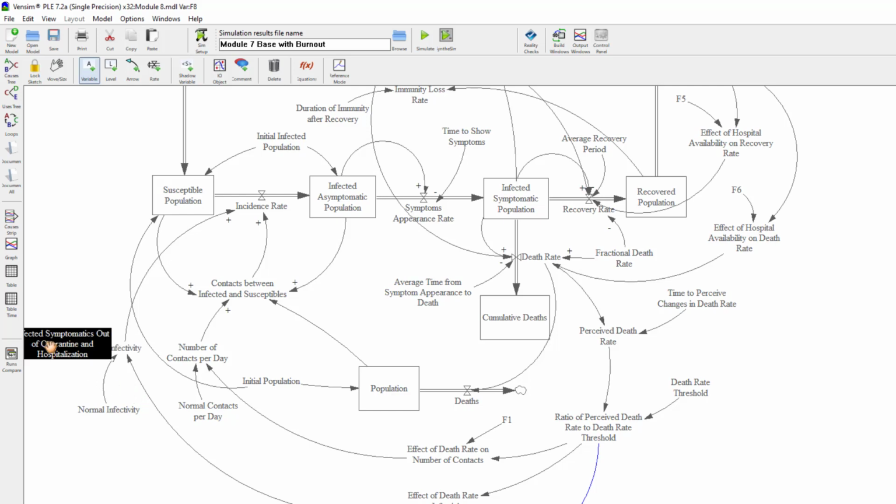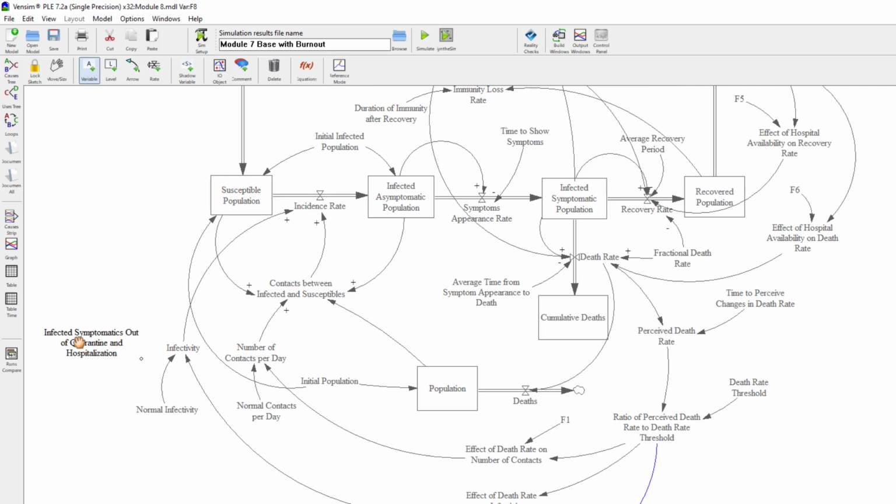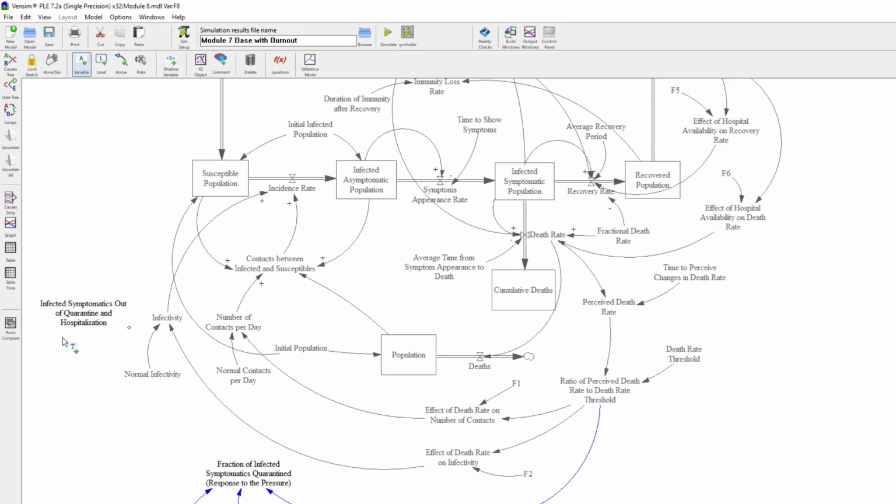Okay, so to calculate that, we need how many people we have, the infected symptomatics, and then the fraction of infected symptomatics quarantined. So 1 minus this fraction would give us the fraction of infected symptomatics not quarantined.